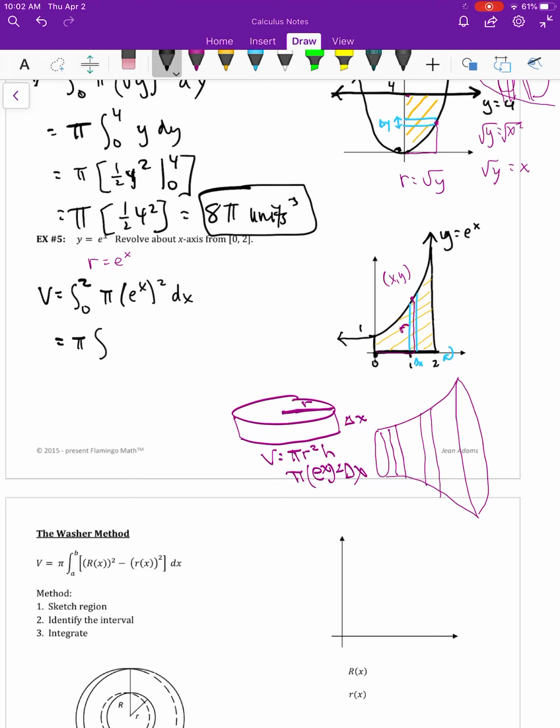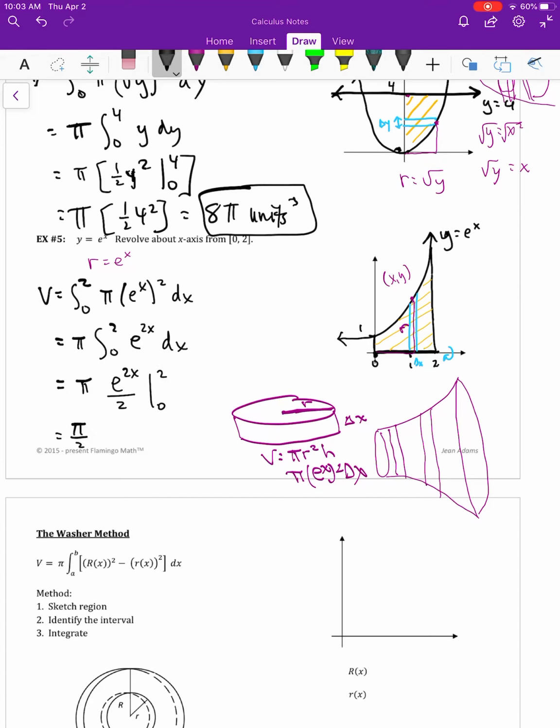So we'll bring our pi out in front. Integration 0 to 2, e to the 2x dx. And if we were taking the derivative of this, it would be 2e to the 2x. But if we're integrating, it's going to be e to the 2x divided by 2 from 0 to 2.